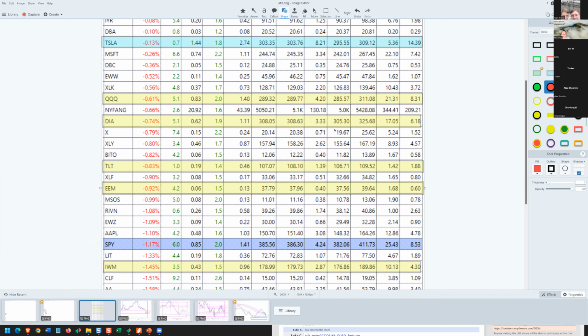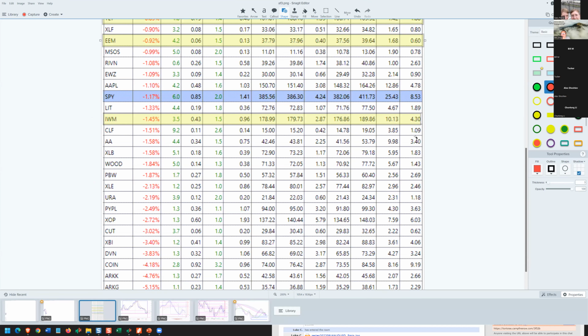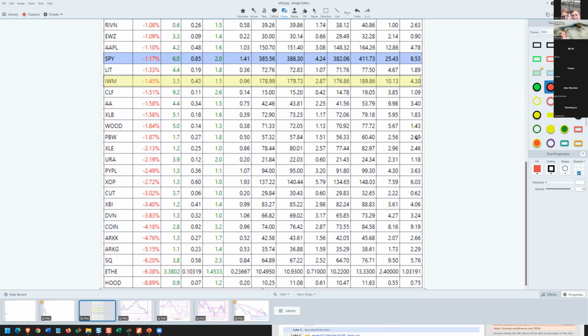All right, let's look to the downside to find those things that were worse. Again, here's the S&P, minus 1.17. So you've got lithium, minus 1.3. Materials, lumber, clean energy, uranium in this cluster of sectors from 1.58 to 2.2.